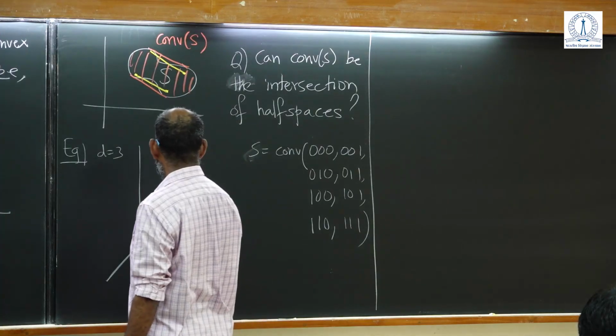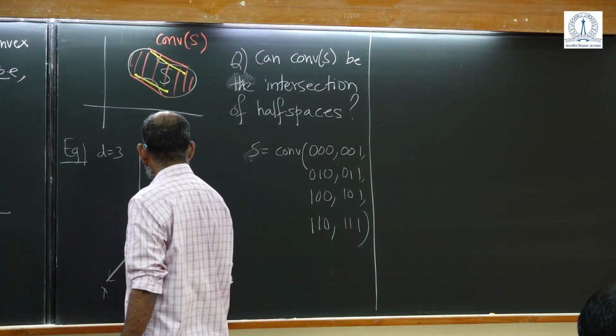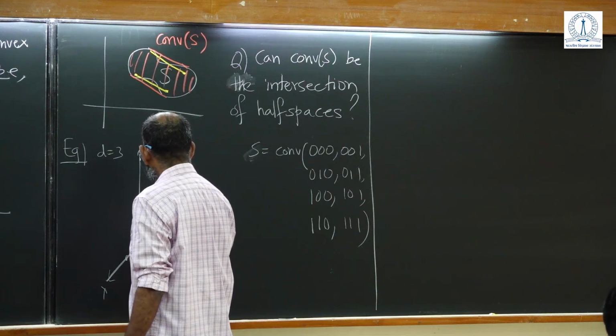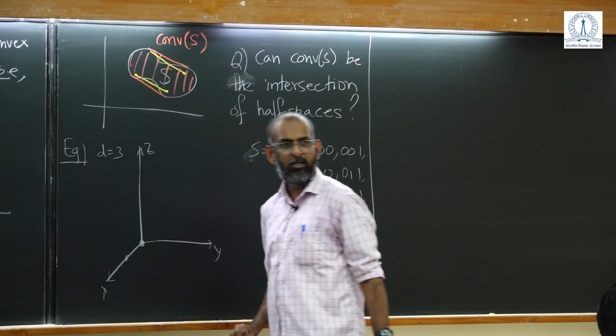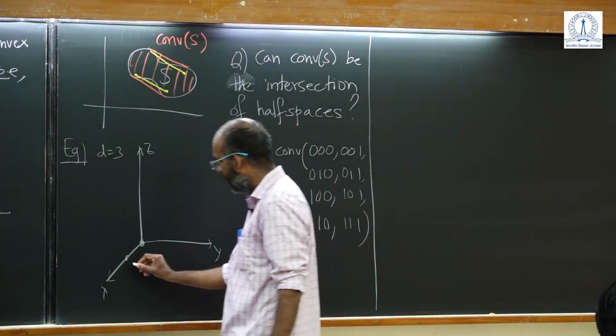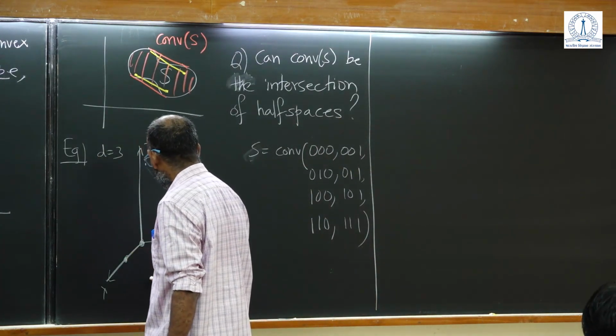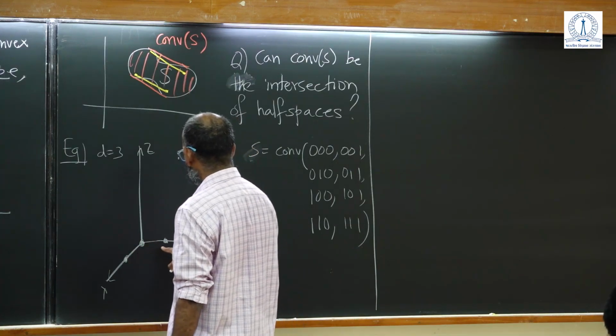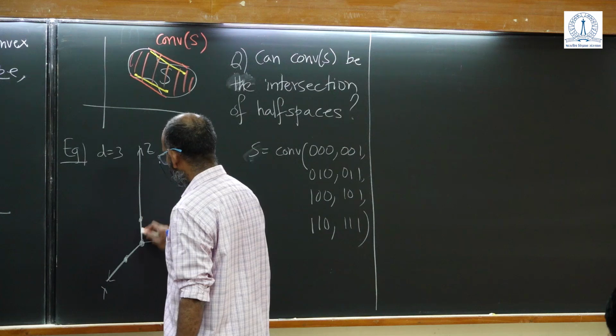So this is x, y, and z. I have the origin over here. I have 1, 0, 0 over here. So I have E1, E2, E3, which is 1, 0, 0; 0, 1, 0; and 0, 0, 1.